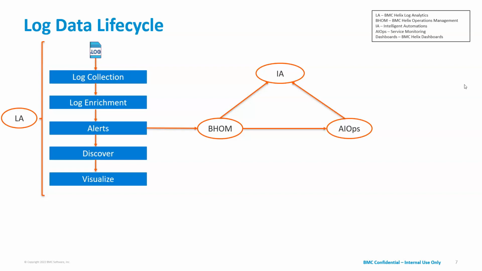This flow also contains the graphical representation of the alerts, and you can have its reporting in our BMC Helix dashboards. This completes the flow of log data in the BMC Helix world ingested via BMC Helix Log Analytics. I will walk you through each of these steps in the following demo.